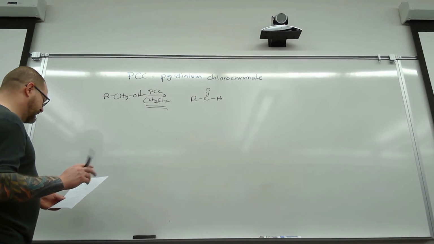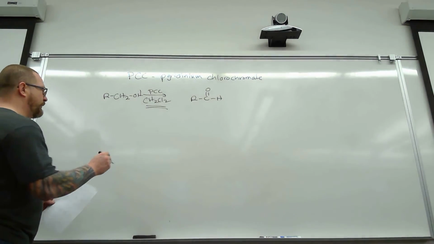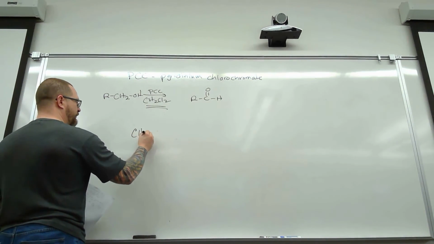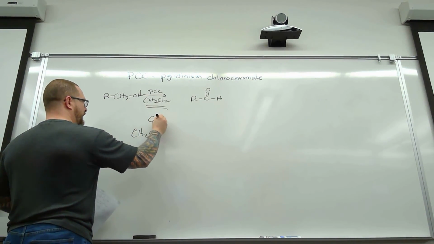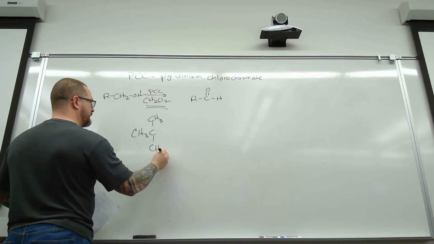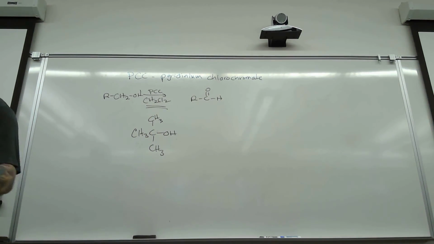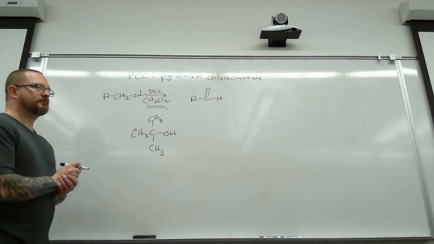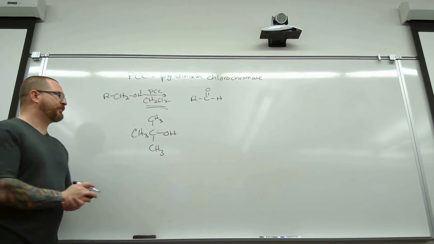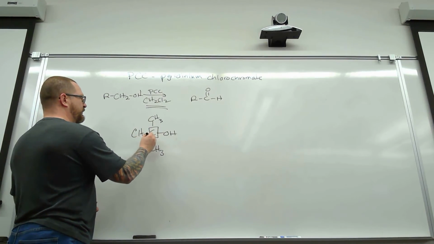So, let's see here. What about if we want to oxidize t-butyl alcohol? Yeah. So this carbon has no hydrogen.